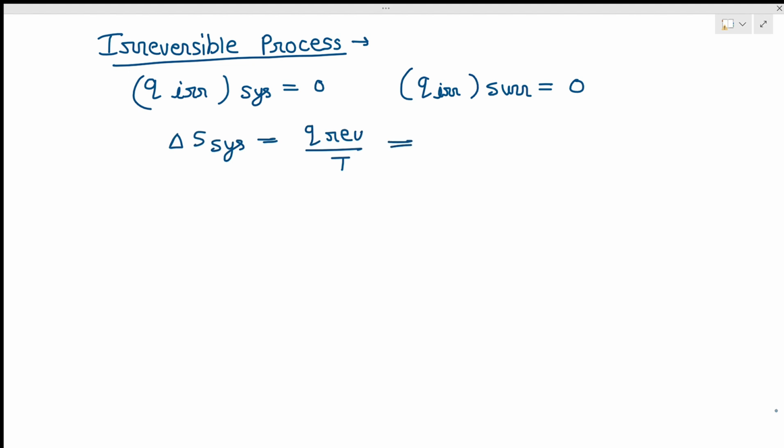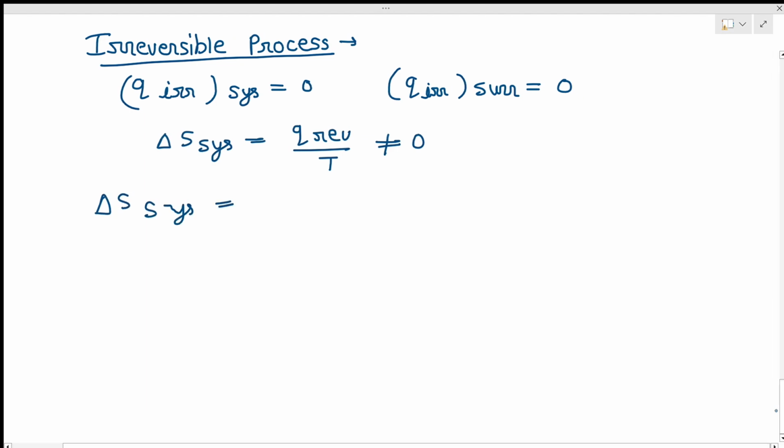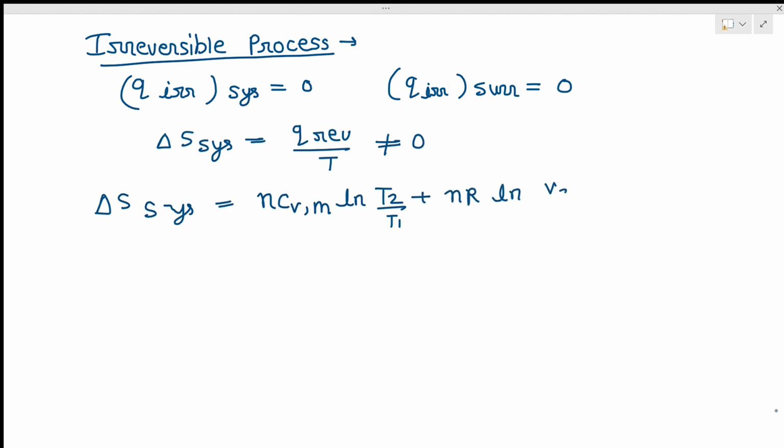So we can write del S system will be equal to n Cv,m natural log of T2 upon T1 plus nR natural log of V2 upon V1. But del S surrounding will be equal to 0.